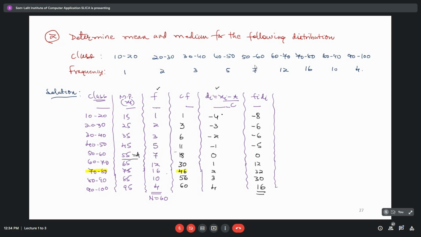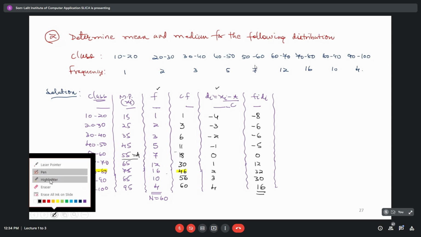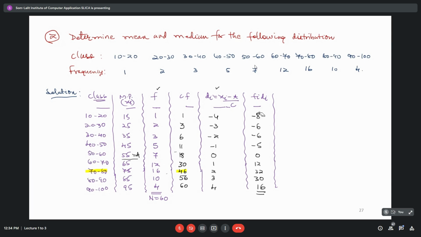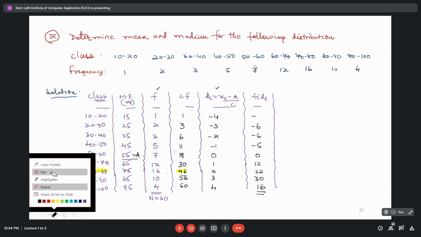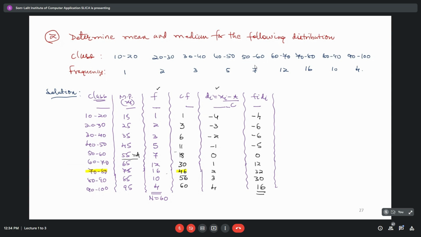Correct, no? Sorry, the first one should be -4. Yes. This into this -4, this into this -6, this into this -6, -5, this is 0, this 12, this 32, this 30, and finally it is 16.